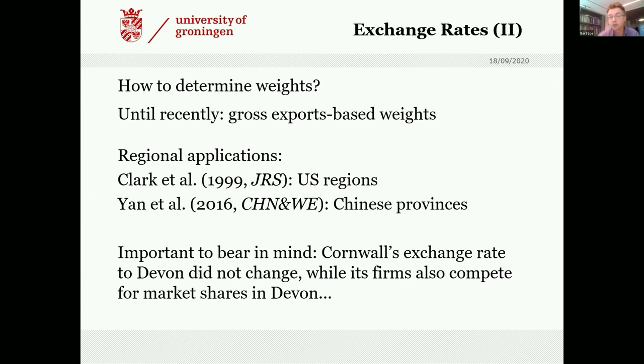So this is something that should be taken into account. And then we really need these interregional input-output tables, which also inform you about the origin of products used in Cornwall and the destination of products produced in Cornwall.